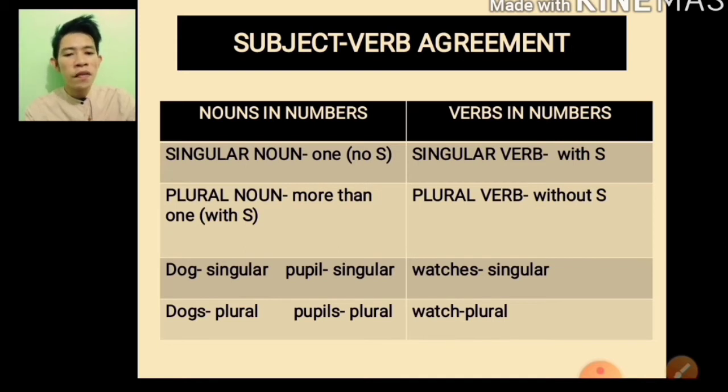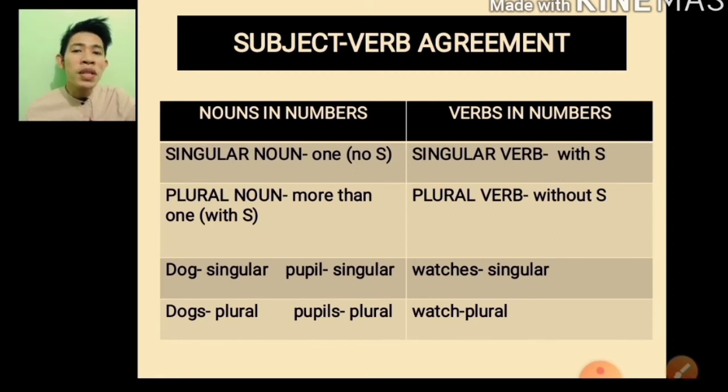The number of the subject can be singular or plural. The verb must be singular if the subject is singular, and the verb must be plural if the subject is plural, and that is the ultimate rule in subject-verb agreement.